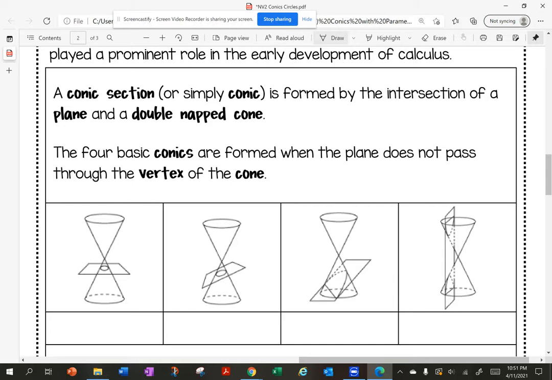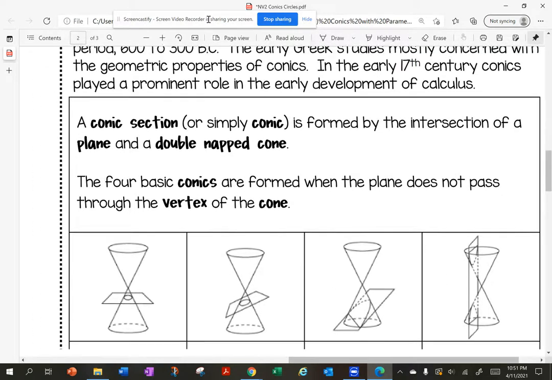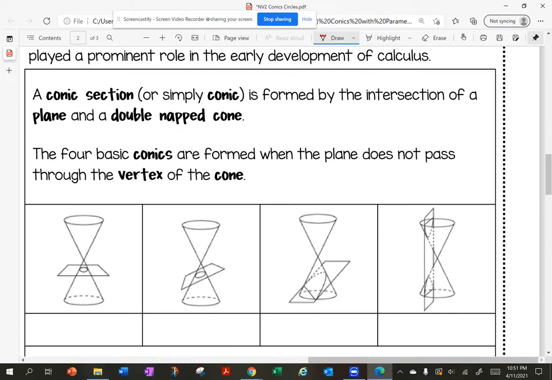So the four basic conic sections are formed when the plane does not pass through the vertex. So the vertex is right here. When I do not pass through the vertex is when I have my four basic conic sections.